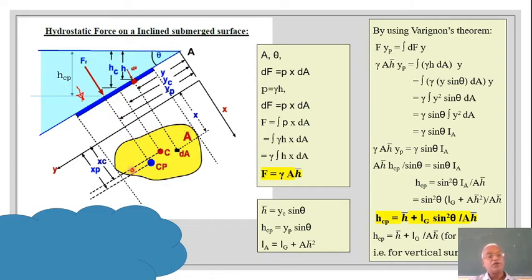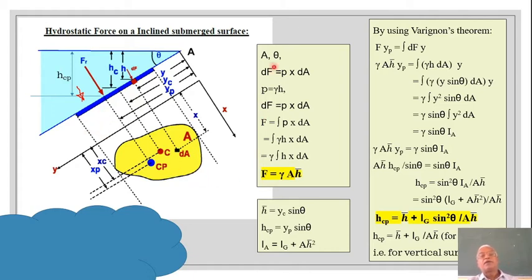The overall resultant force which will be acting on this area will be represented by, let us say, F rather than Fr, and the point where that total pressure force will be acting is known as CP, the center of pressure. HCP would be the depth of the point of application of the whole force.